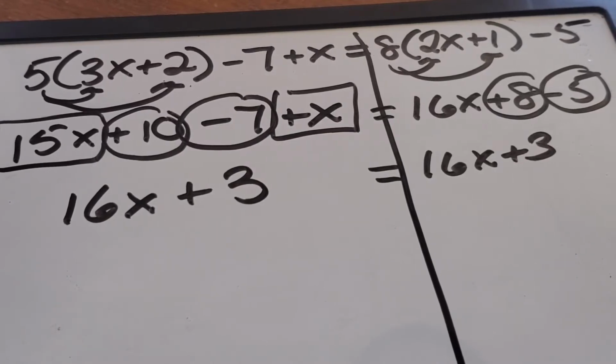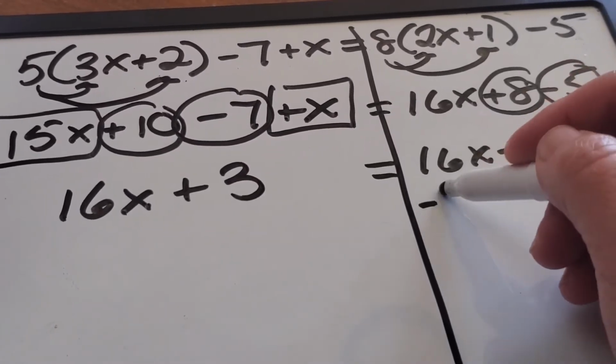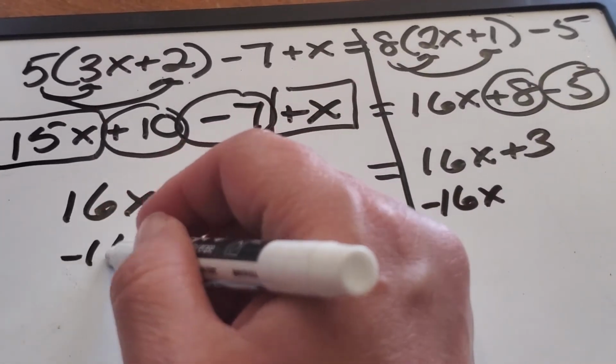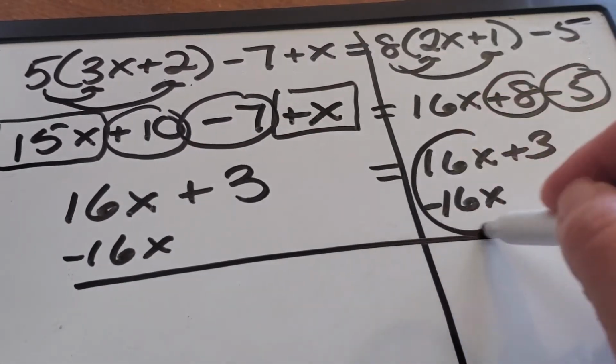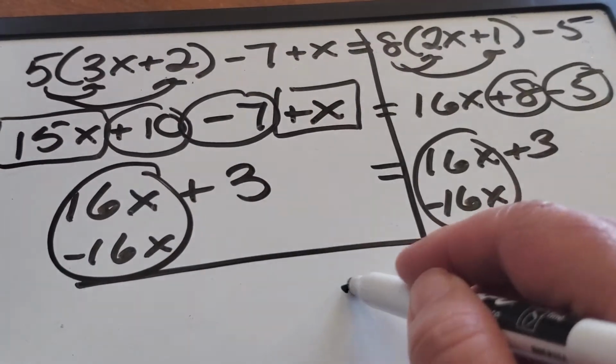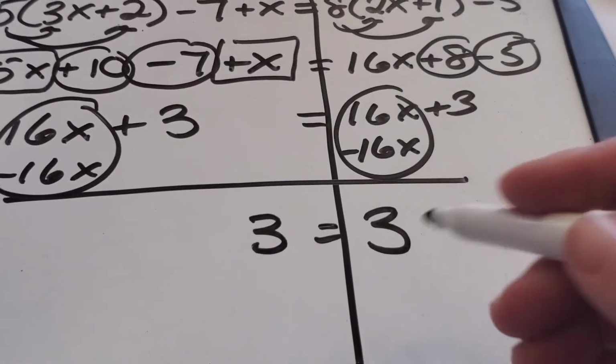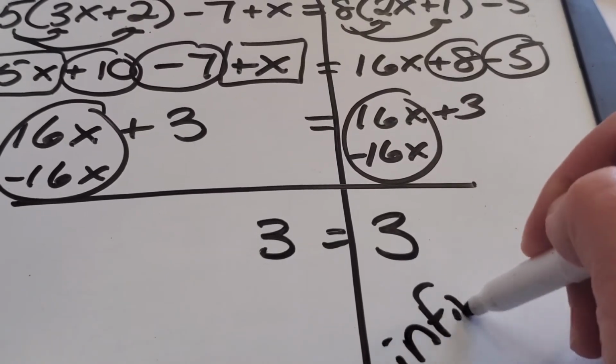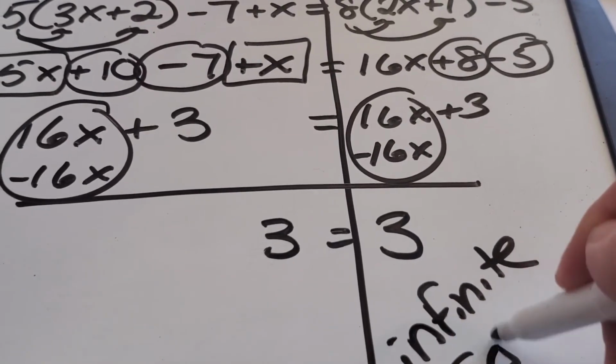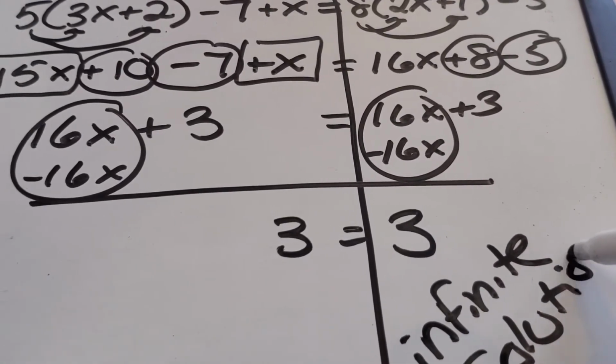That's infinite solutions. But if you didn't notice that and you kept going, that's gone, that's gone. You get 3 equals 3, which is always true. And that's a sign that this has infinite solutions.